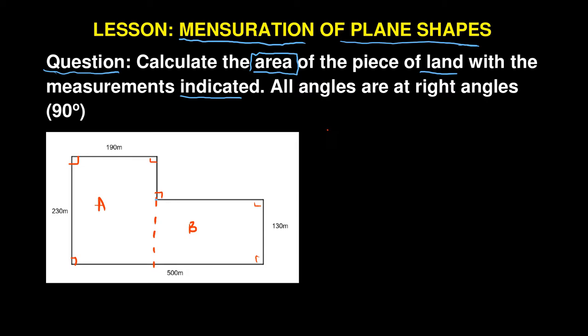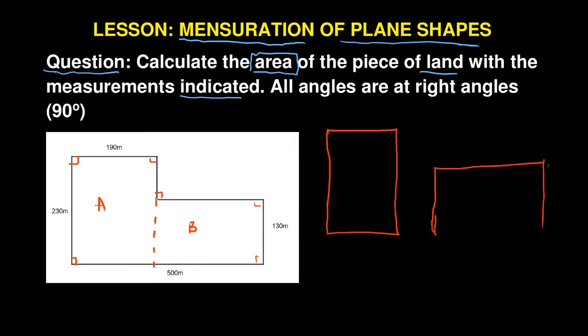So now if I can have my shape A here, and then my shape B also separate here, basically that is what they want. If I can find the area of this and the area of that, and add them together, then it becomes my total area.